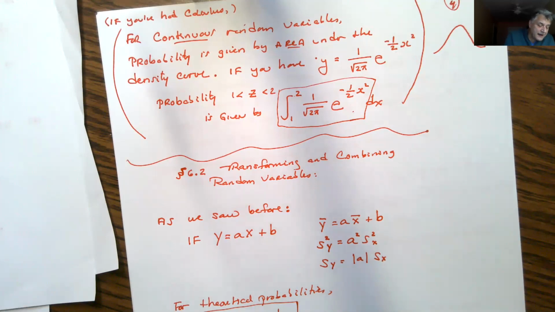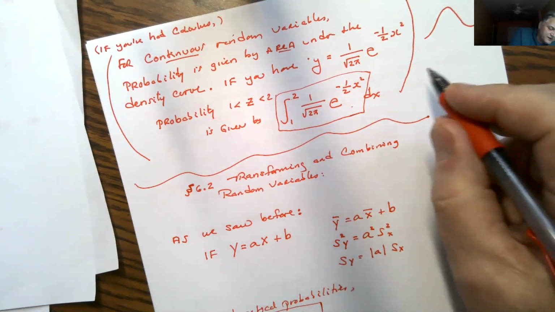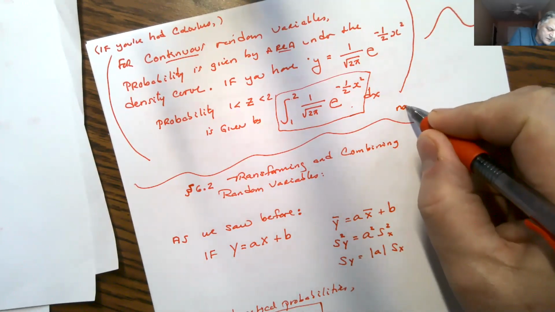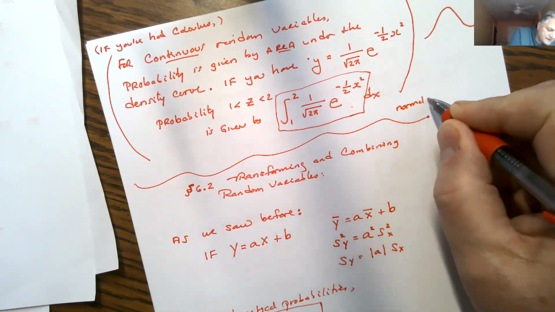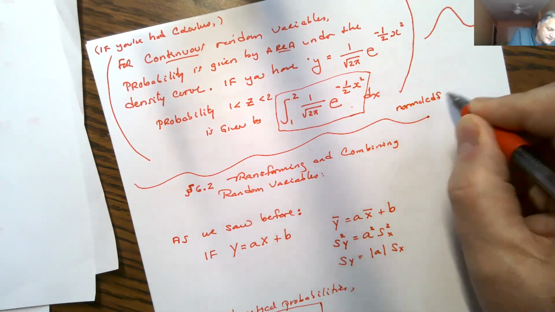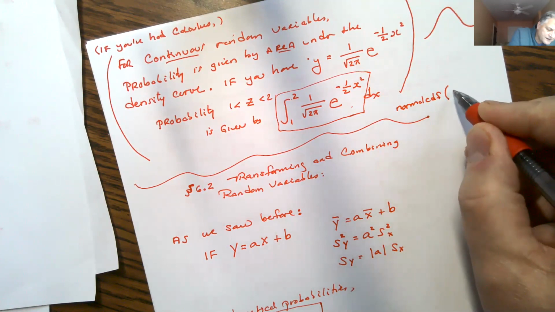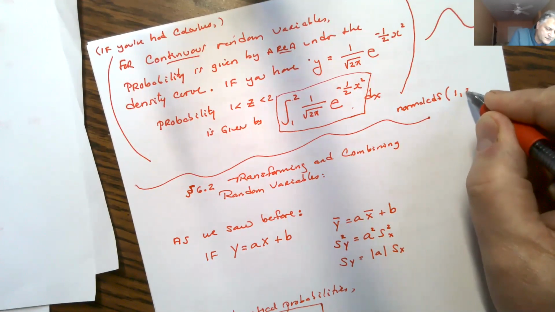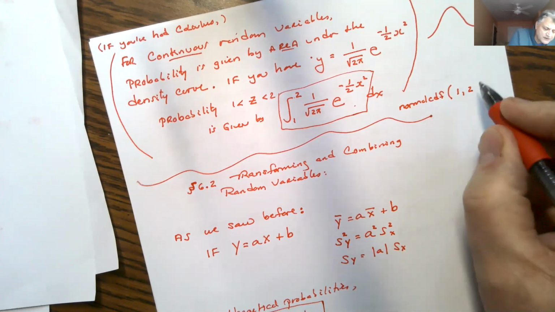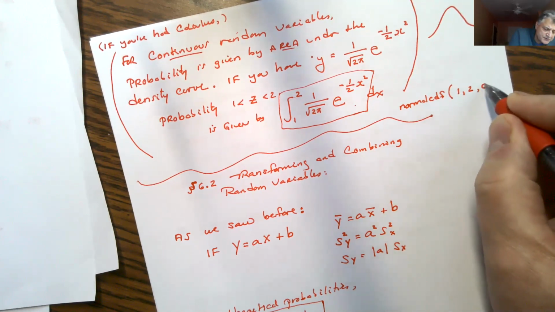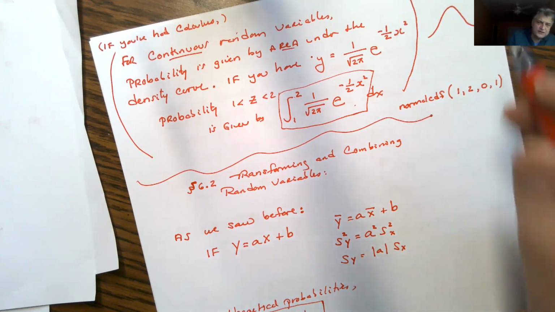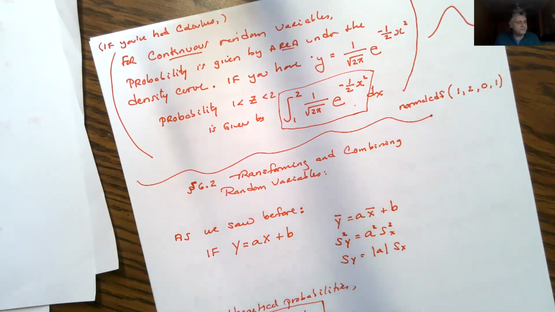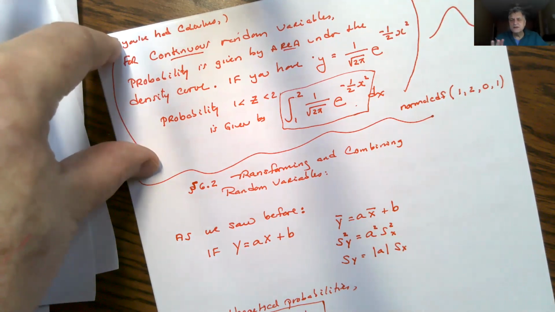And then look on your calculator at normalcdf from 1 to 2, and if your calculator requires it, the mean is 0 and standard deviation is 1. That should give you the same thing. So let's try it. This is just if you had calculus. Otherwise, don't worry about it. It's not necessary.